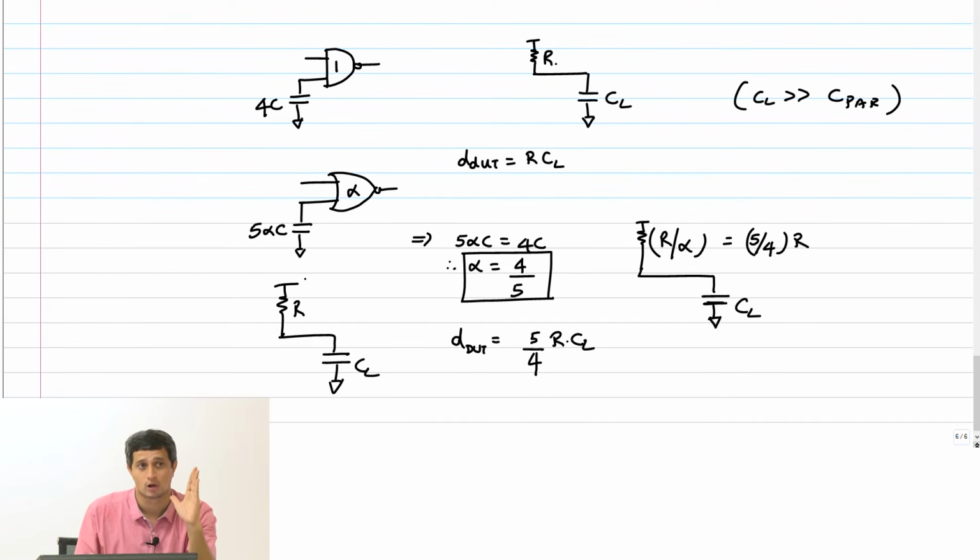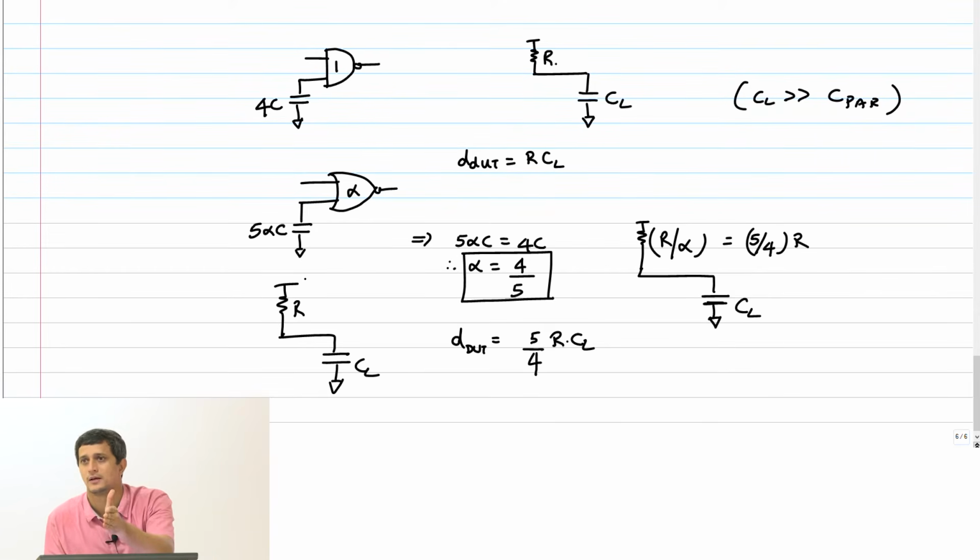If I used a unit NOR, alpha equal to 1. But if you did that, then the capacitance that it offers to the previous gate will be 5C, whereas the NAND offered only 4C. So there is a trade-off in how much capacitance you can offer to the previous gate to how much drive strength I can get to charge a given load capacitance. This trade-off is captured by what is known as the logical effort.